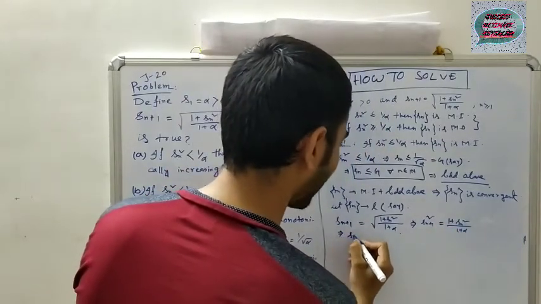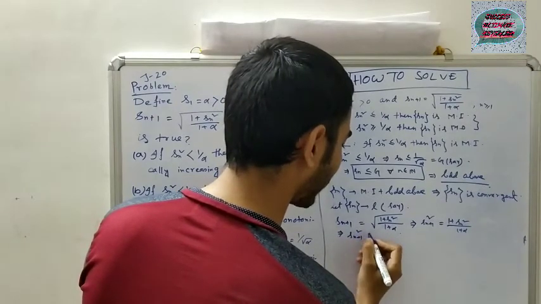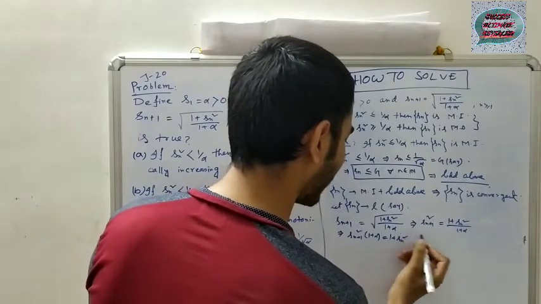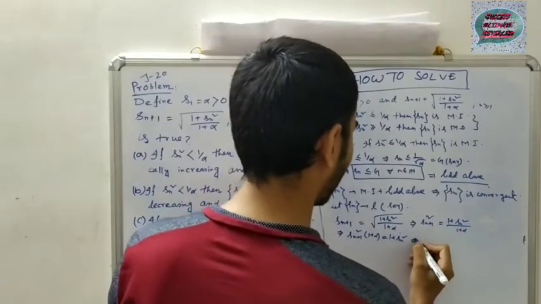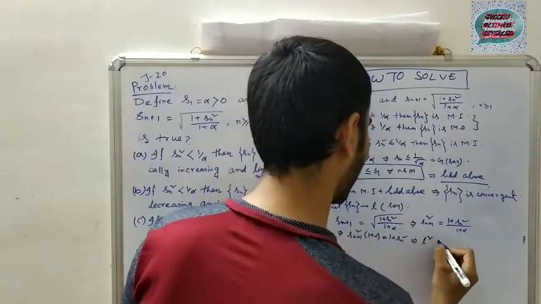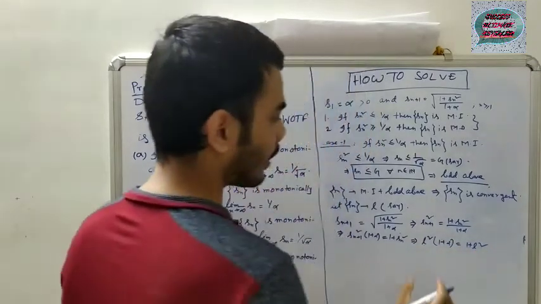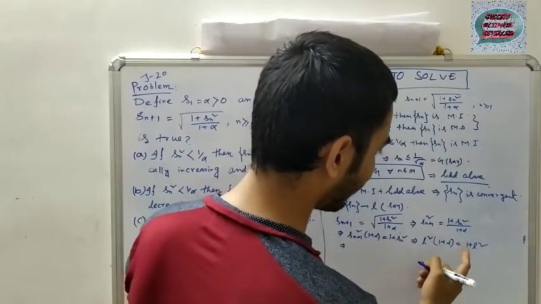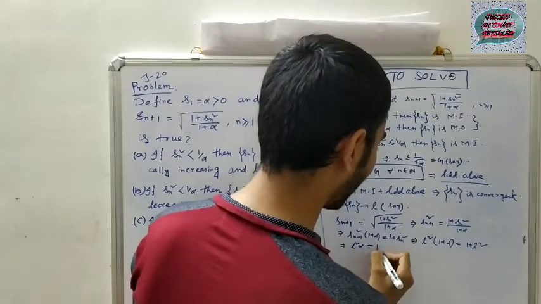Multiply both sides by 1 plus alpha, then we get Sn plus 1 square times (1 plus alpha) equals 1 plus Sn square. Taking the limit as n tends to infinity, Sn plus 1 also tends to L. So L square times (1 plus alpha) equals 1 plus L square. This gives L square alpha equals 1.